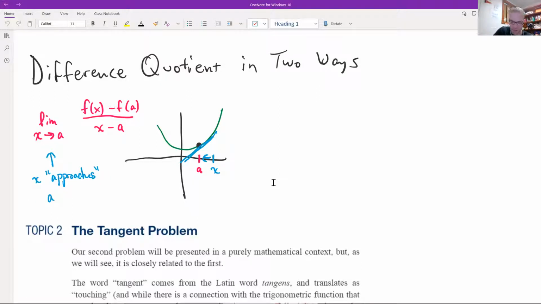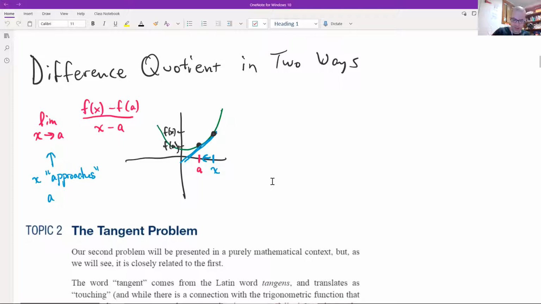And if we were to go up here, we would have a point f of x as a y value, f of a as a y value. So that's where those things are coming into play.